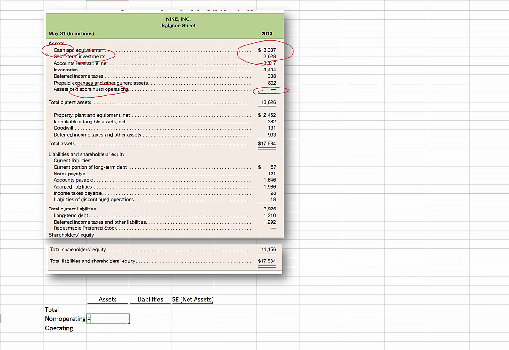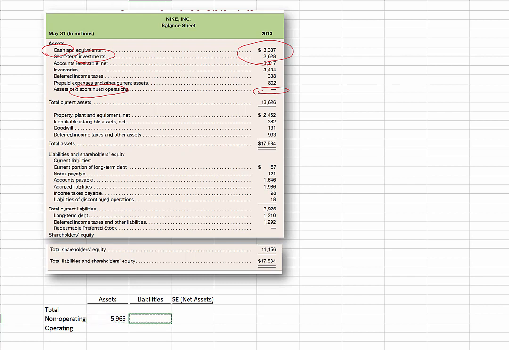I'm going to say 3337 plus 2628, and there's nothing there for that discontinued operations. 2628 and 3337. That looks good. So there are my non-operating assets.